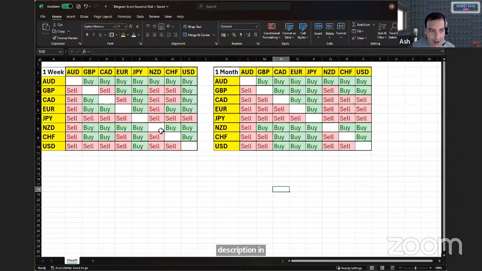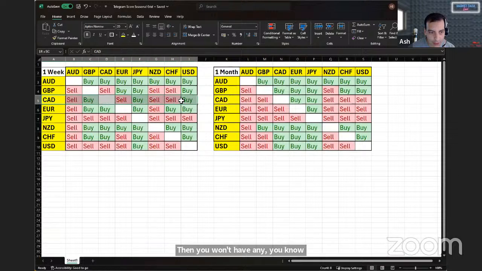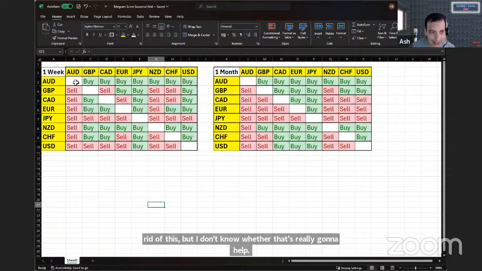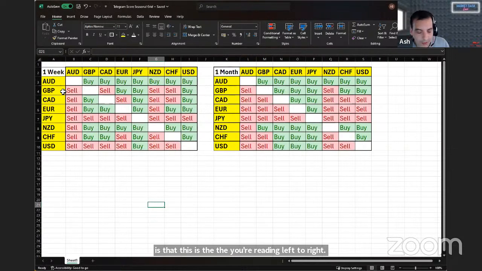See, pound CAD. Yeah. Now the problem with that is that if I put the pound CAD, then you won't have any. I mean, you could get rid of this, but I don't know whether that's really going to help. You're reading left to right. Now, what I'll do instead, I appreciate that it might cause a bit of confusion. So what I'll do instead, just to make the table, I think it looks cleaner this way.